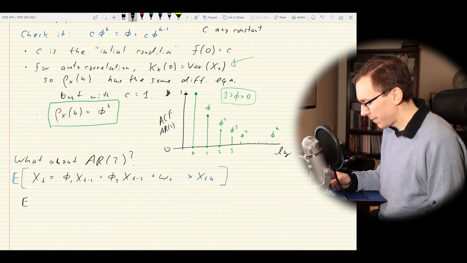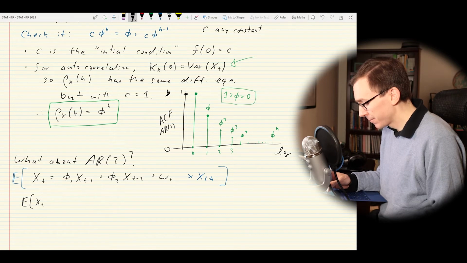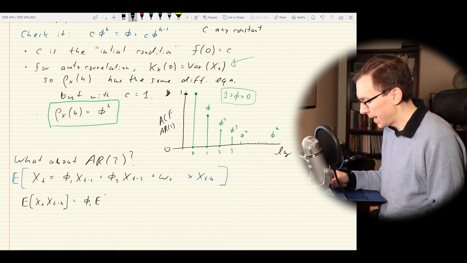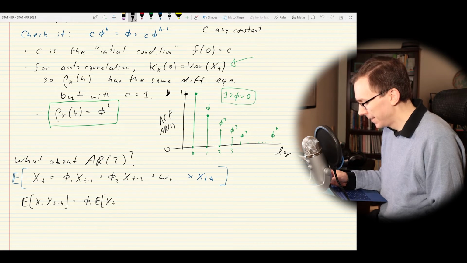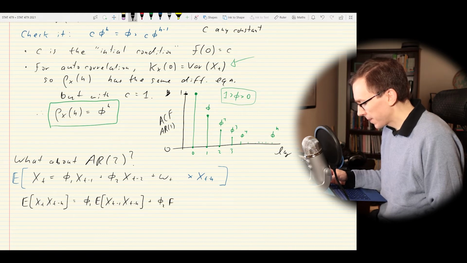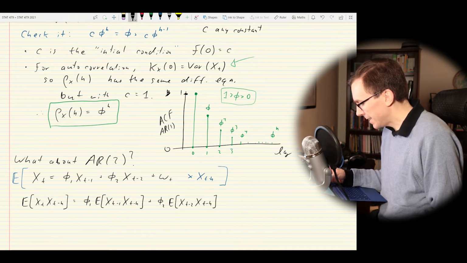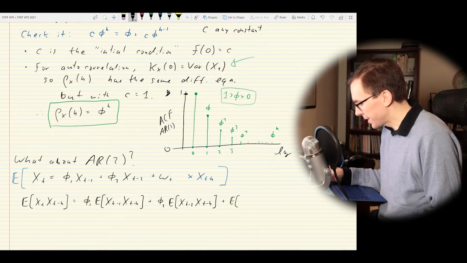What we get is the expected value of xt times xt minus h, plus phi1 times the expected value of xt minus 1 xt minus h, plus phi2 times the expected value of xt minus 2 xt minus h, and we get that white noise piece, which is just going to be 0.